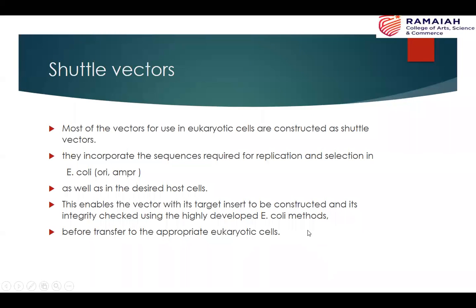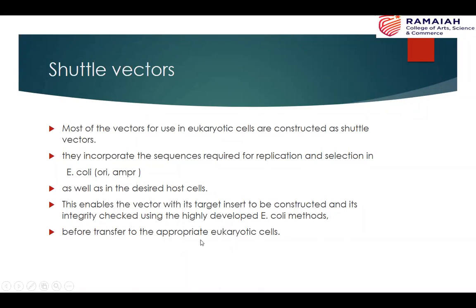This is comparatively an easier method. Once that process is done, where you require the eukaryotic cell is only during the expression step, that means to express the proteins which are functionally active for eukaryotes. So before transferring to the eukaryotic cell, these initial procedures can be carried out using E. coli methods.